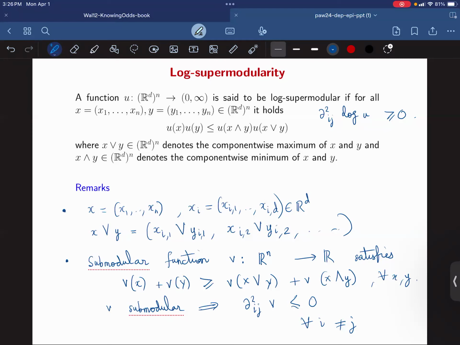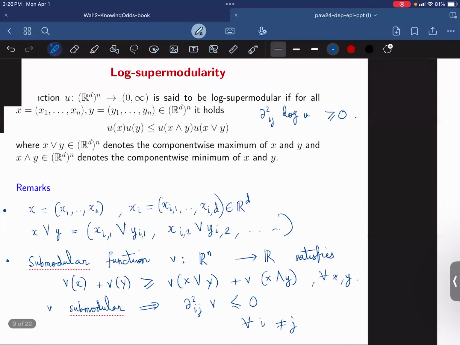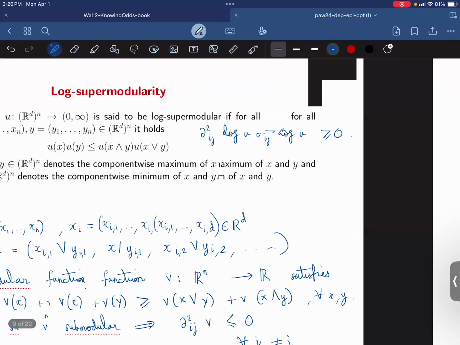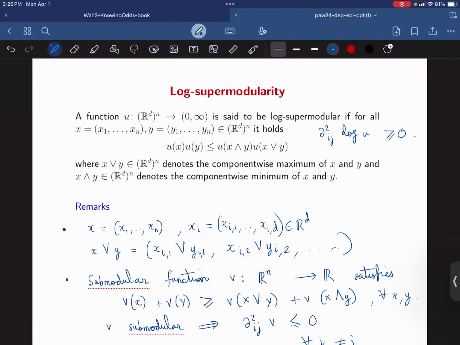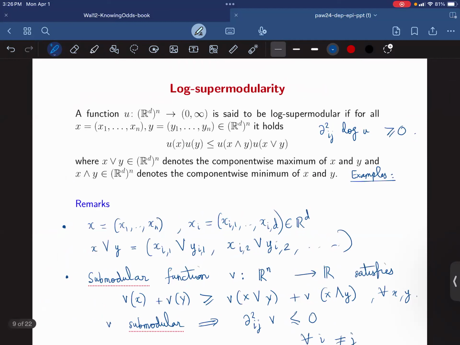So anyway, that's what a log supermodular density is. And I should note that there are many examples of log supermodular densities. These come up in many settings. For example, it's easy to see that any Gaussian with a covariance matrix which has a certain form, exactly the form that I mentioned, works.